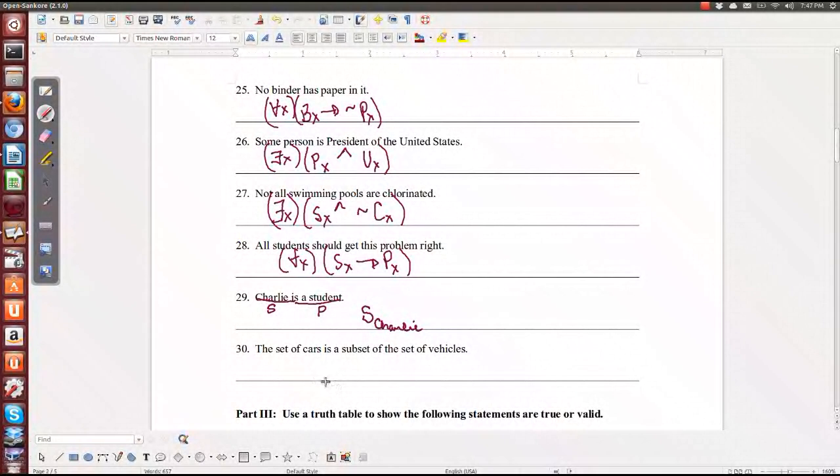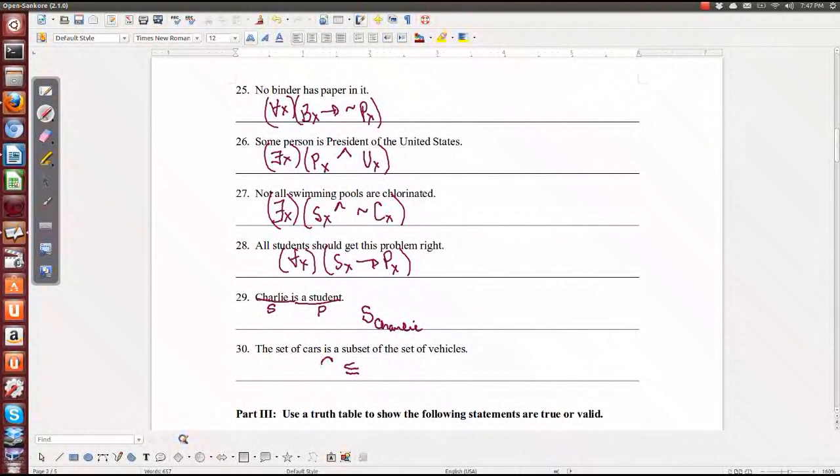And then on number 30, since I'm talking about a subset, that's this long C that we're talking about. Some books will put the underscore on it, because we want to know if we're talking about a proper subset or not. That's what that depends on, but that's beyond the scope of what we've been talking about.